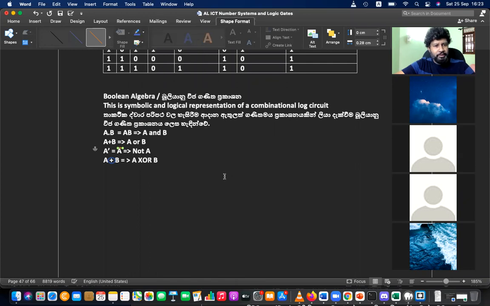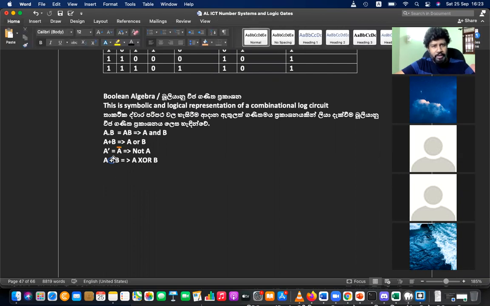And XOR is represented using an O with a circle, that is the exclusive O sign. A XOR B, this is read as A XOR B. So please write down this one.